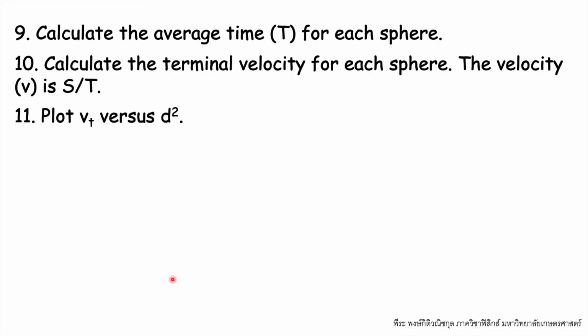Step 9. Calculate the average time for each sphere. Then you will use the distance s and the time you have from step 9 to calculate the terminal velocity for each sphere by using this formula, s over t. And then you will plot this terminal velocity versus d squared.